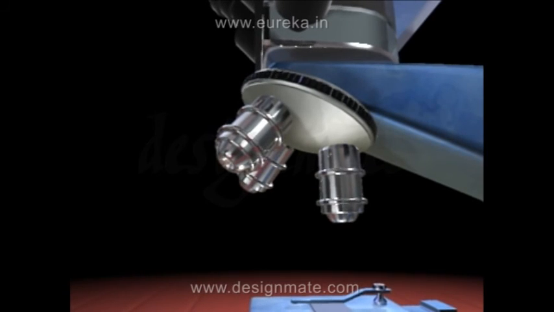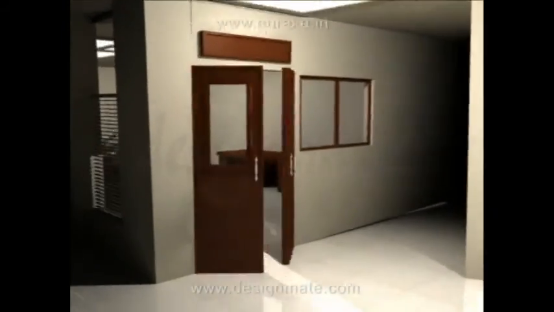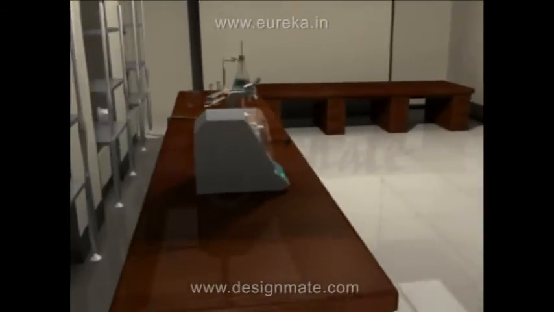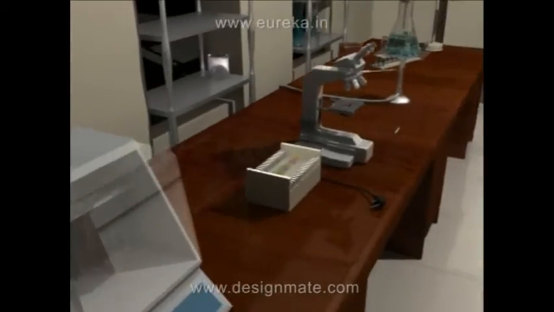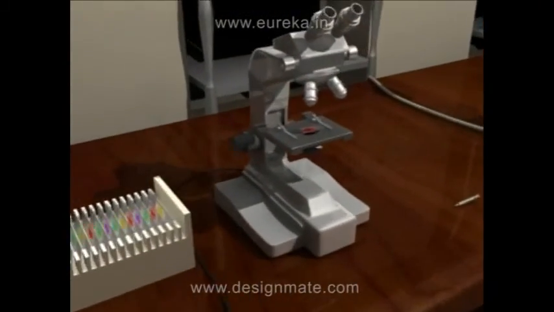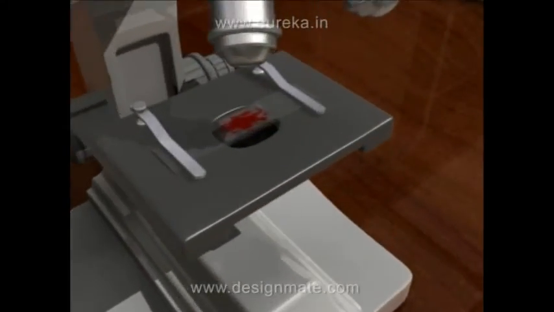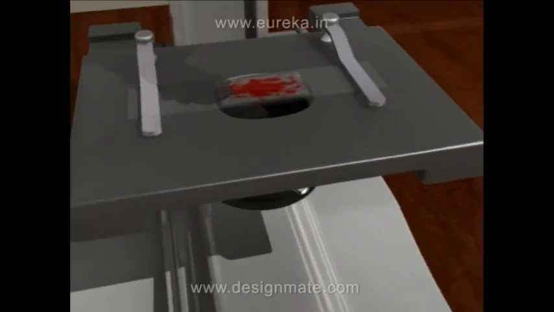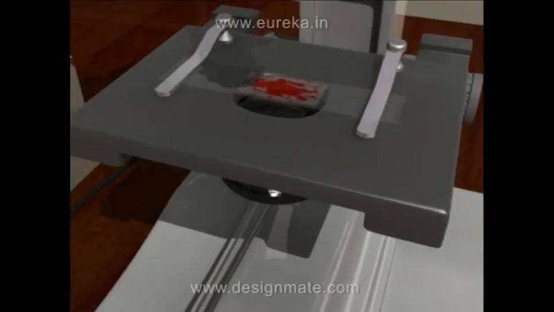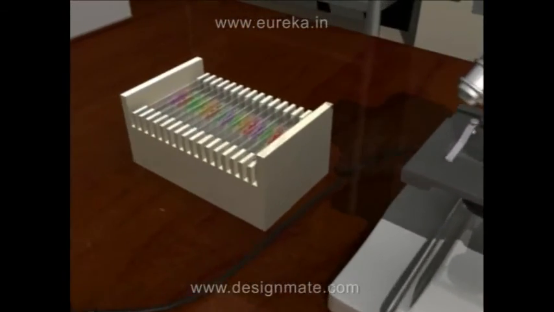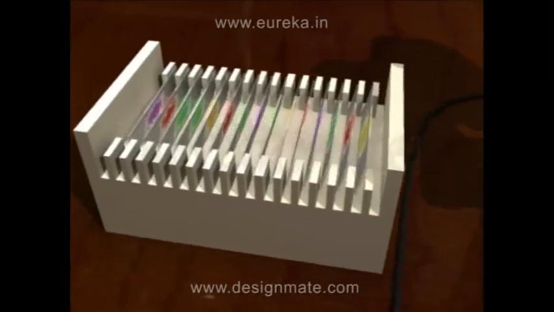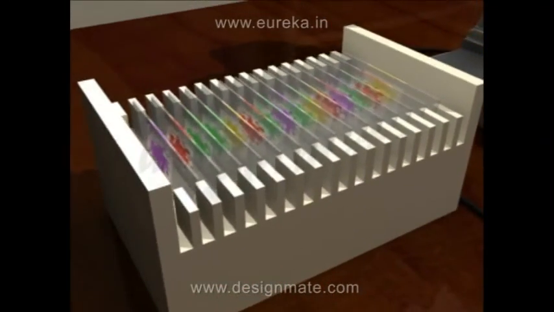These multi-component lenses are designed to reduce the various defects. Compound microscopes are generally used in laboratories to examine thinly sectioned slices of certain organic materials. Various stained slides can also be observed using the compound microscope.